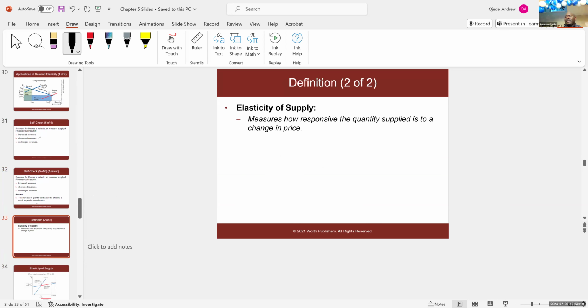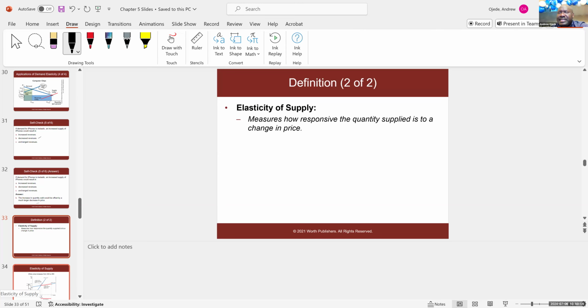Now, that was elasticity of demand. Let's talk about the supply side: elasticity of supply. Elasticity of supply measures how responsive the quantity supplied is to a change in price. For your information, anytime you calculate the elasticity of supply, the number is always positive, because there is a positive correlation between the price of a good and the quantity supplied.